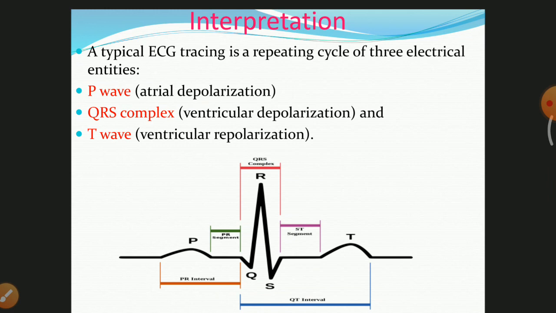A typical ECG tracing is a repeating cycle of three electrical entities: P wave, atrial depolarization; QRS complex, ventricular depolarization; and T wave, ventricular repolarization. That repolarization we have already studied in the conducting system of the heart. Okay, this is about a normal ECG: P wave, QRS wave, T wave.